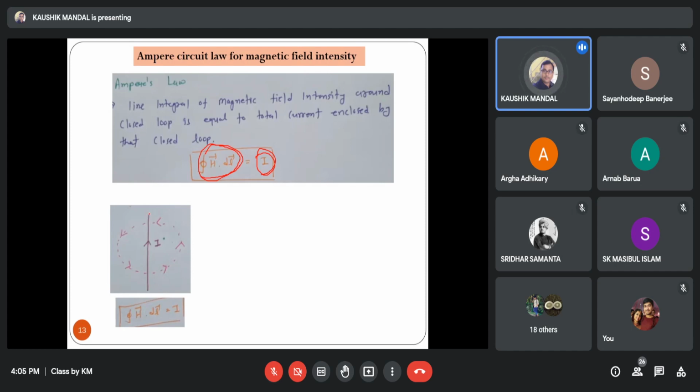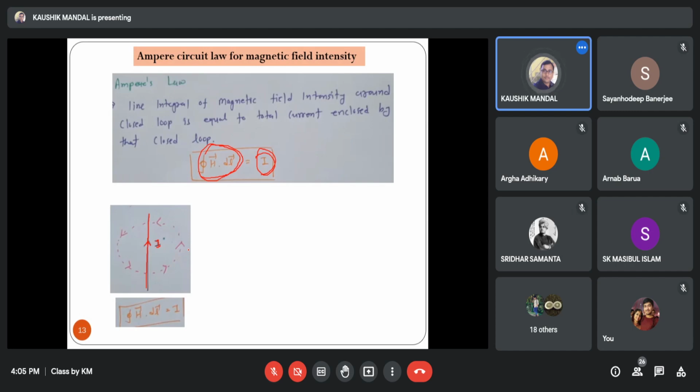Okay. So next we are considering that this is a current carrying conductor. This is the direction of current flow, and the total current is I. And we are considering a closed loop surrounding this particular current carrying conductor.